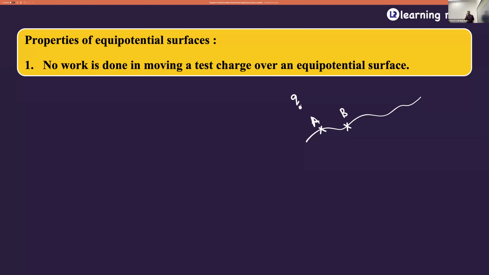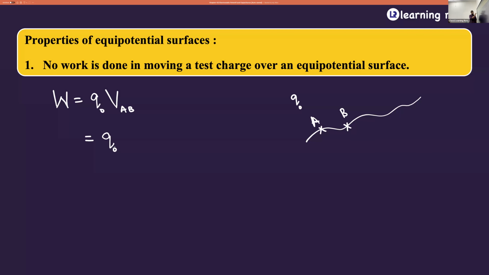We know that whenever you move a test charge across a potential difference, the work gets stored in the form of electrostatic potential energy. We know this formula already: W is equal to Q naught into V, where this V is not the potential, rather it is the potential difference between those 2 points. Or I'll write it as VAB, meaning I'm moving it between A and B. Q naught is non-zero because it's a test charge which has a finite magnitude.